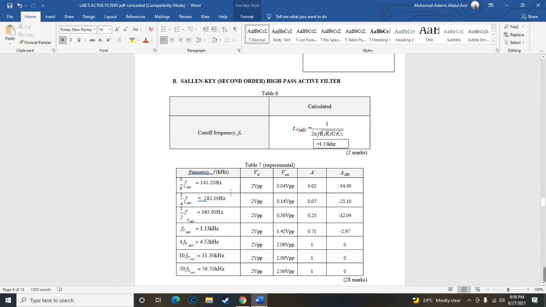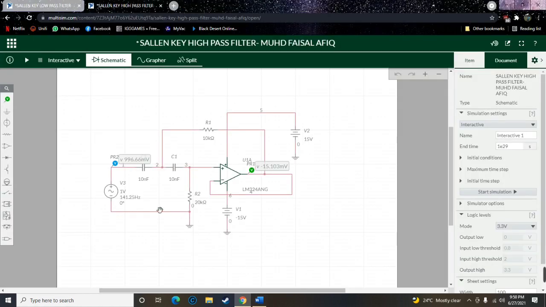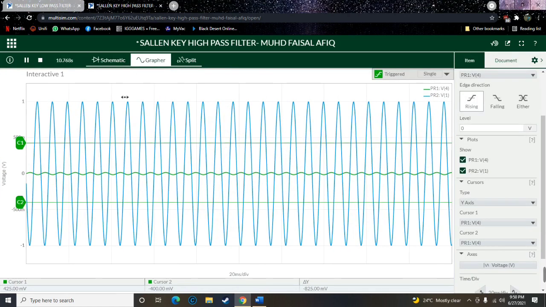So now we start off with a frequency of 141.25 Hz. I will run it.